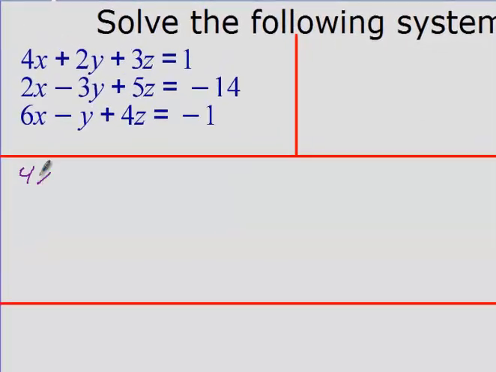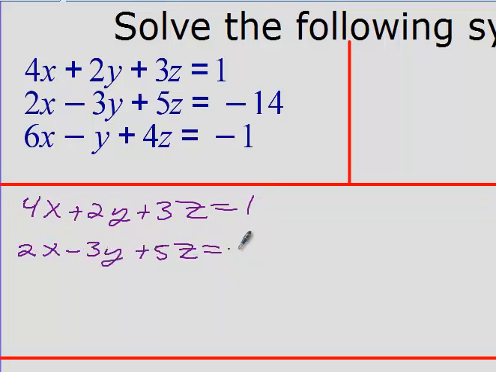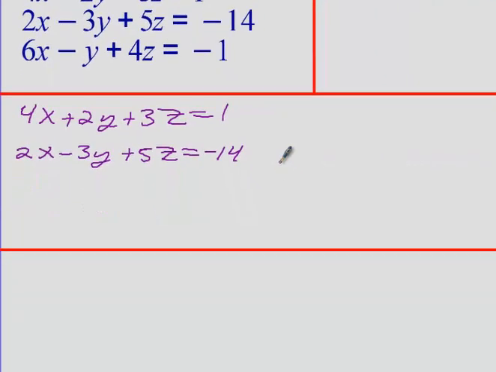So I take my top equation as is, no changes, and I take my middle equation and I put them together into their own system. Everybody okay with that? And then for this part, we take the middle and the bottom and form a system with those.